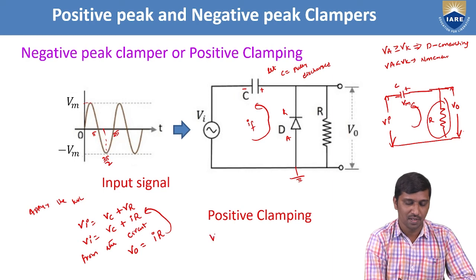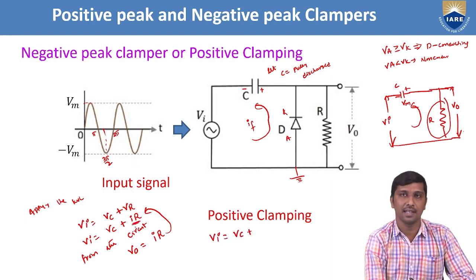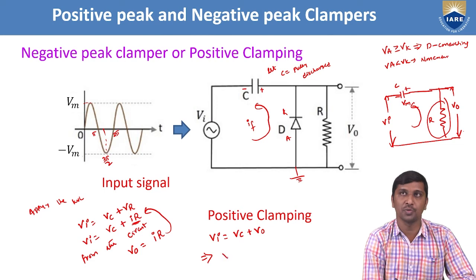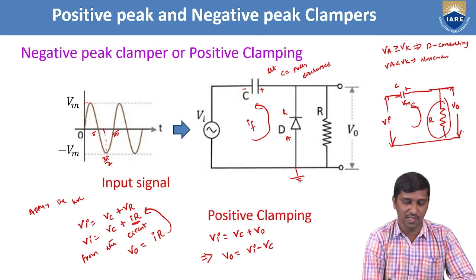So Vi is equal to Vc plus this IR, which is replaced with V0. Now from this relation, the output voltage V0 is equal to Vi minus Vc.